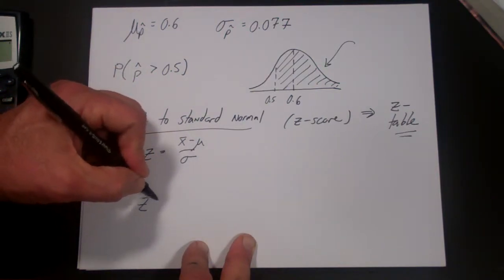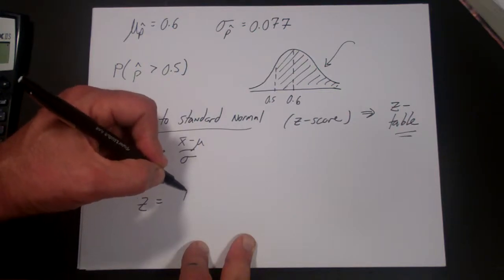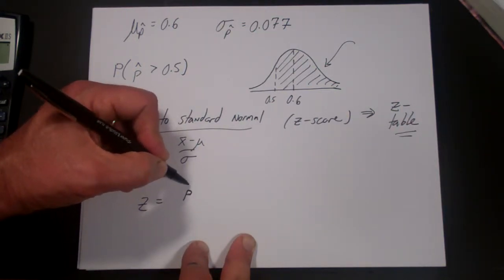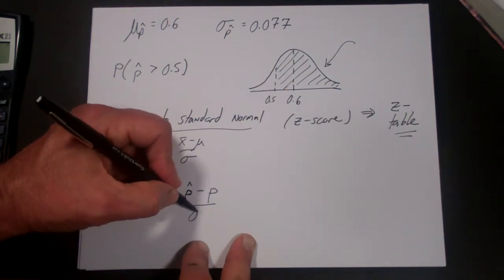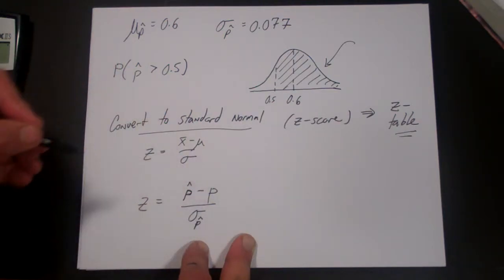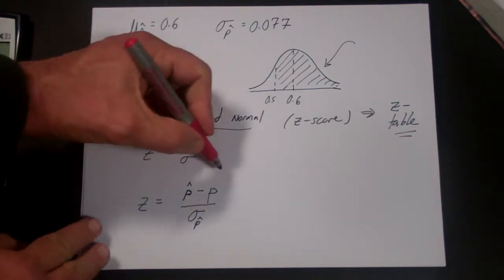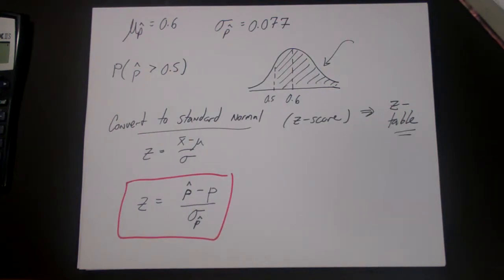To convert to p's, that's going to be equal to p hat, or p hypothesized, p hat minus p over sigma p hat. And that's going to be a formula. For now, you don't need to memorize this. For now, you can use your notes to work on that, but eventually that'll be kind of natural, second nature.